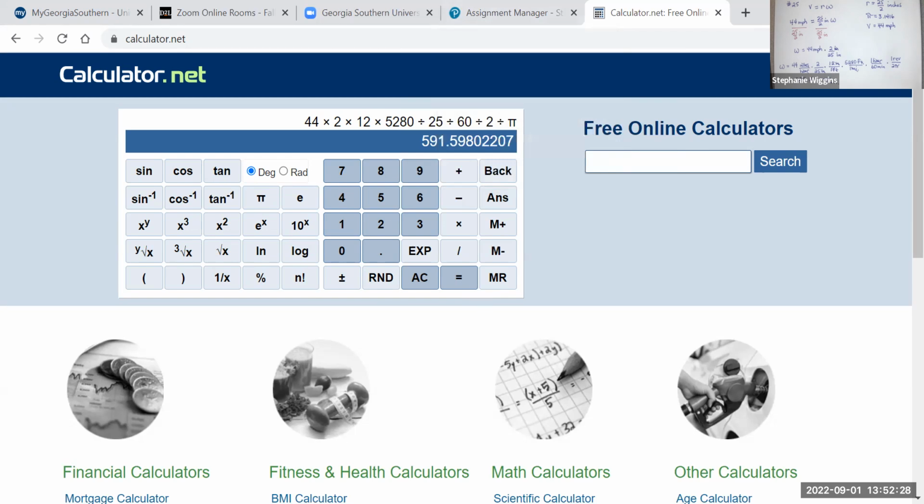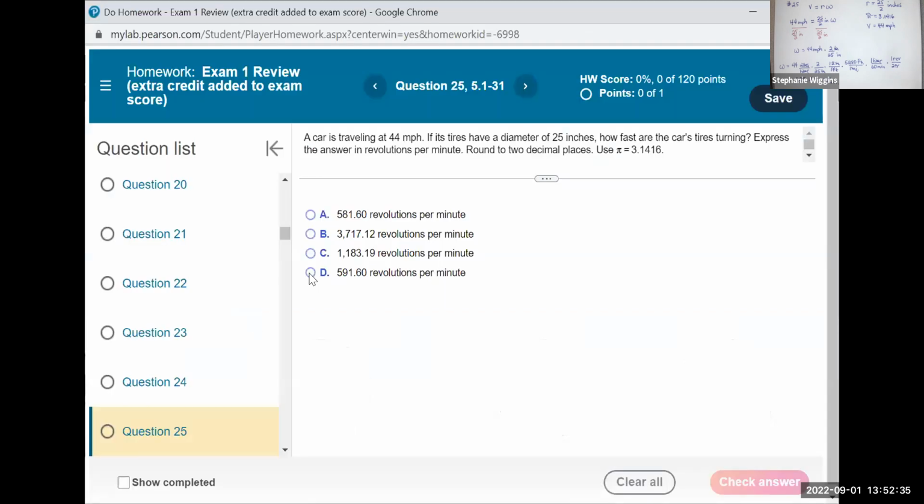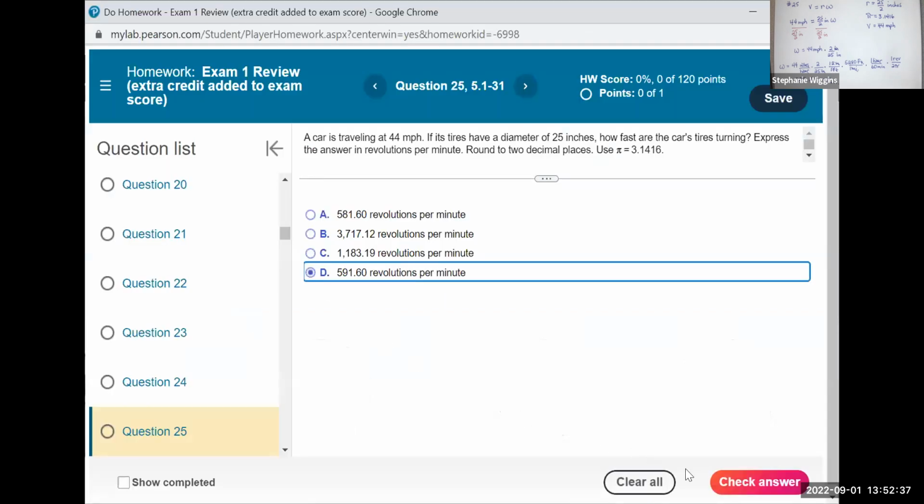So let's go back there. 591. There it is. D is the correct choice. So that's how you do that problem. And I told my earlier class that I'm not going to have this on the test because of the complexity.